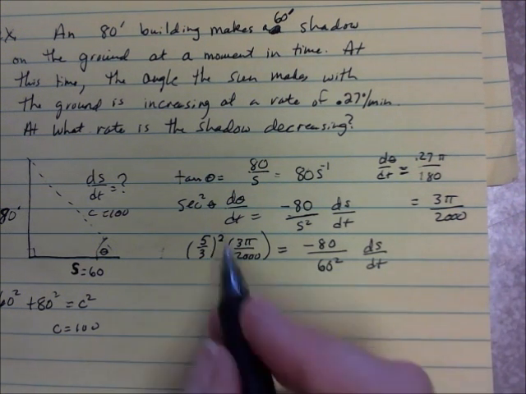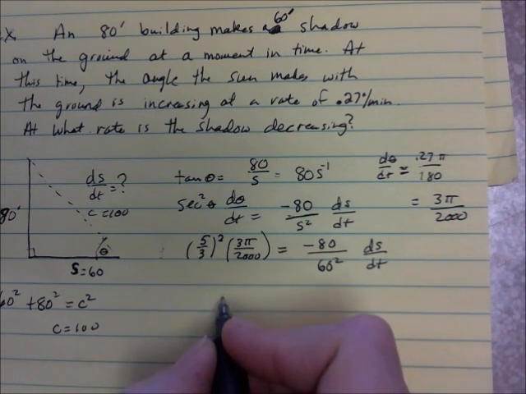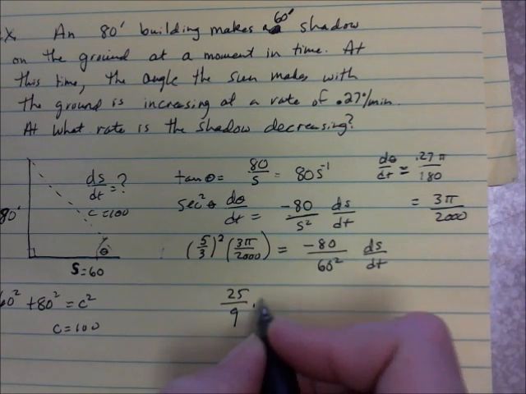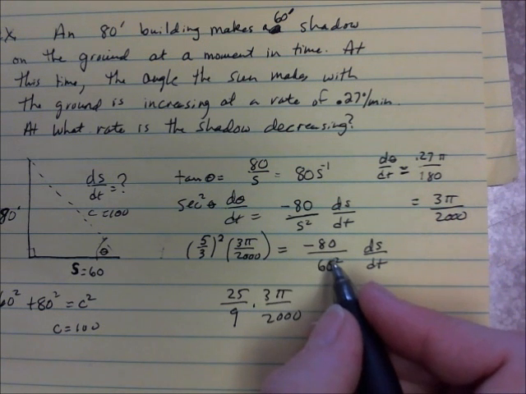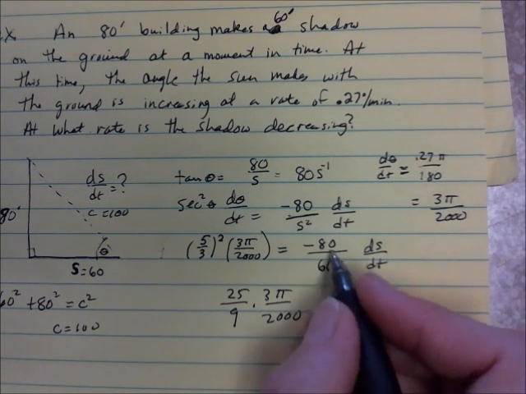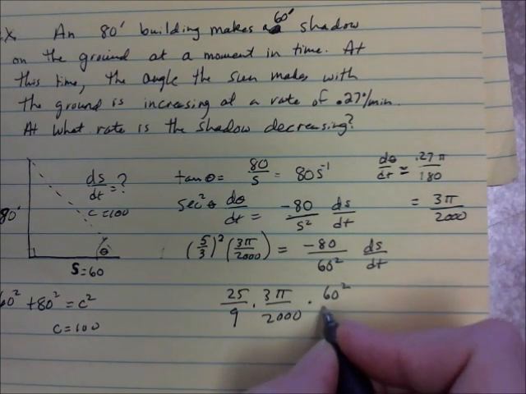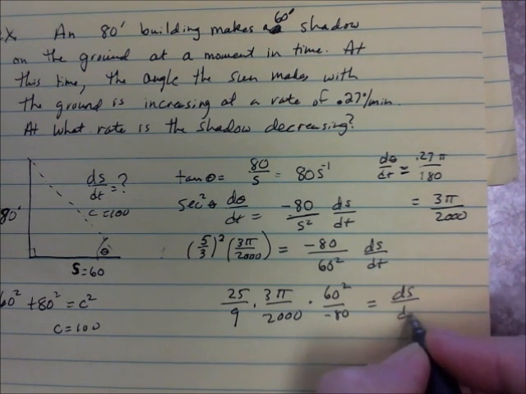And so now all we have to do is a little bit of math here. 5 over 3 squared is 25 over 9 times 3 pi over 2,000. And now we can just multiply both sides by 60 squared over negative 80, and that should be equal to ds/dt.